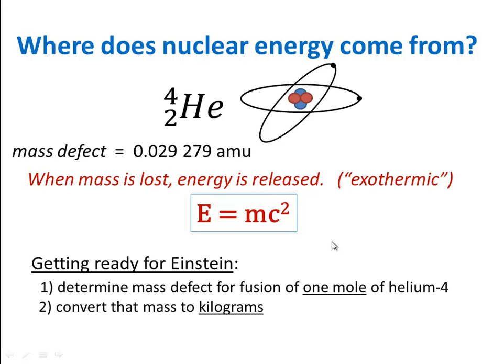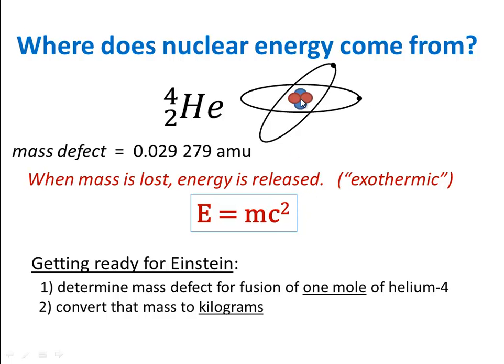Now, there's a couple pieces that we need to put into place before you'll be comfortable doing these calculations. One is, we've been talking about a single atom, and we've been talking about atomic mass units, right? But for these kinds of energies to be usable, either for nuclear power or for nuclear weapons, we have to have larger quantities.